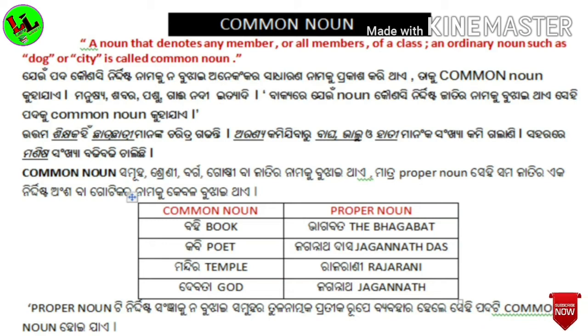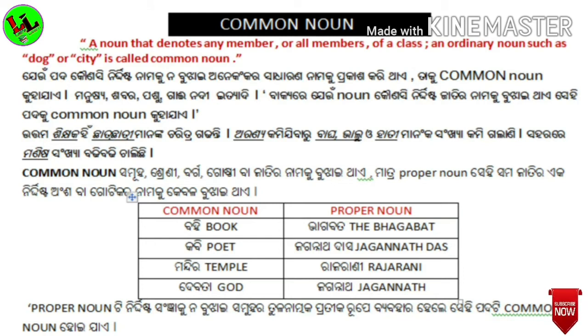Now, you see the table. What the table tells us. Look again. Examples of common noun and examples of proper noun. There is a difference between common noun and proper noun. Now see, the first example is book. Book is the common noun, where the name of a book like the Bhagavad Gita is the proper noun. Just like poet is a common noun, and the name of a poet, that is Jagannath Das, is the proper noun.